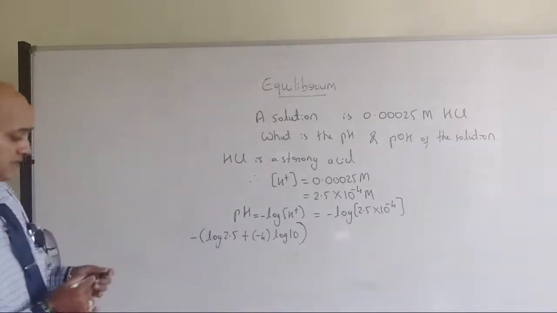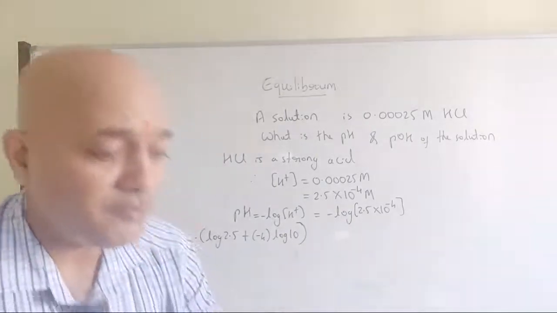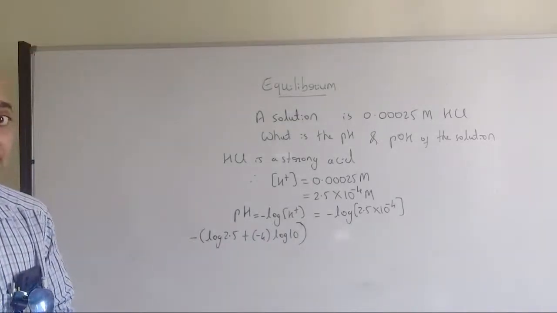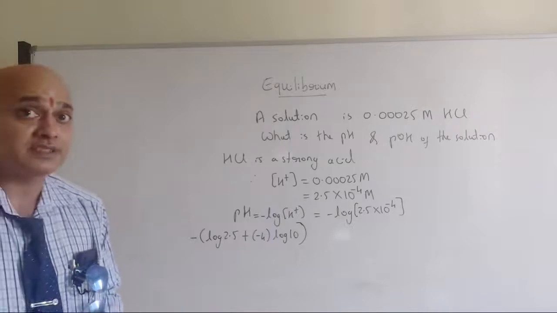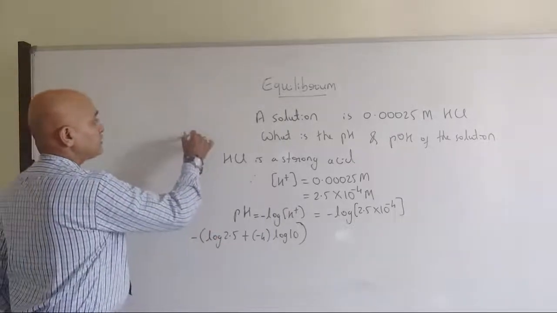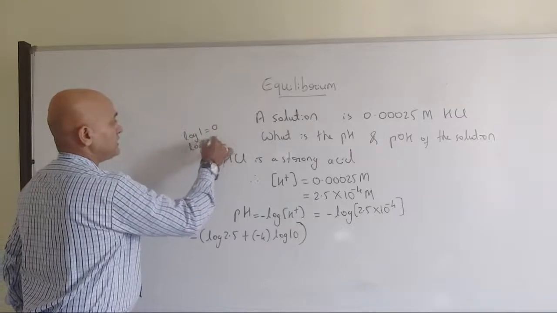Now 2.5 is once again between 1 and 10, and we know that log of 1 is equal to 0, and log of 10 is equal to 1.